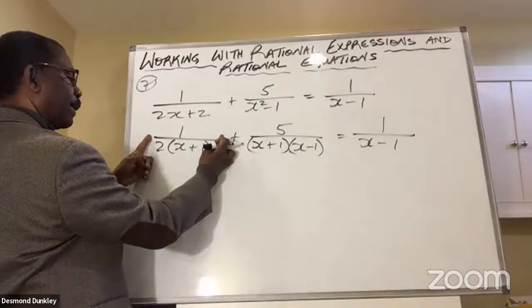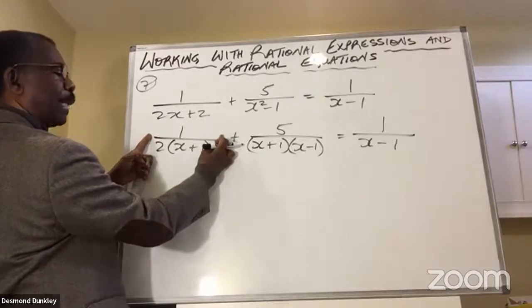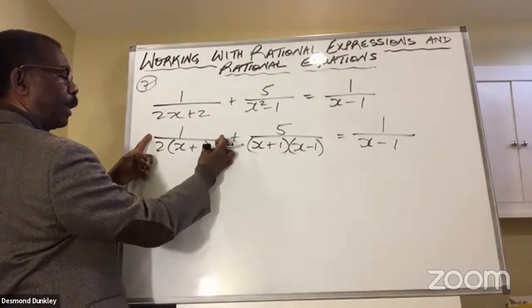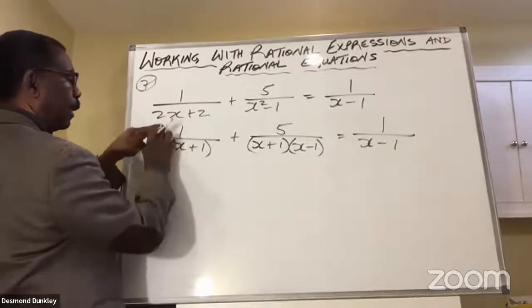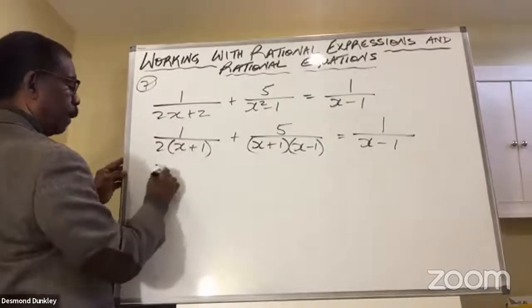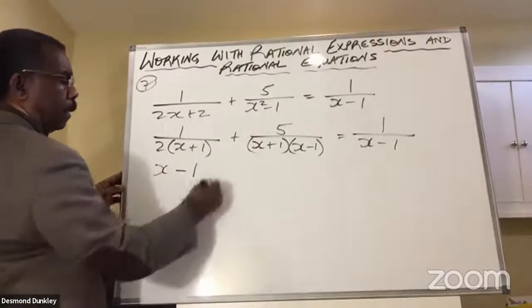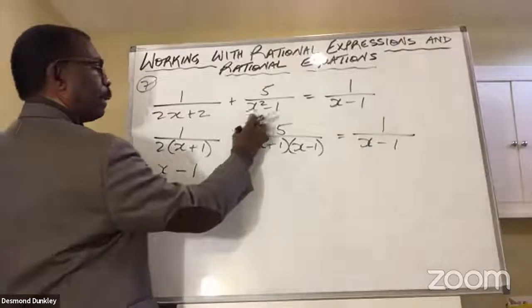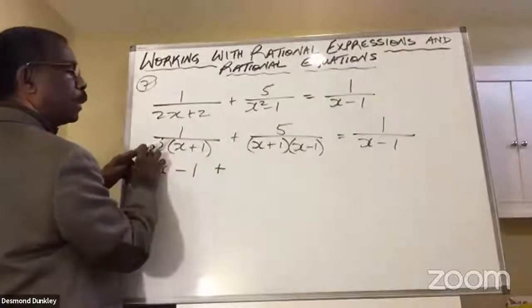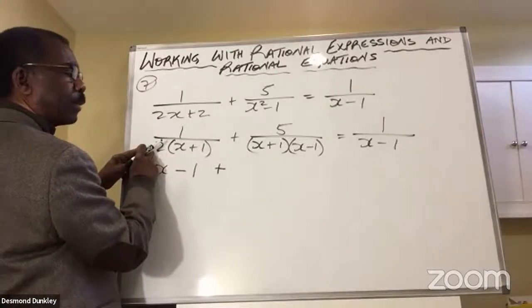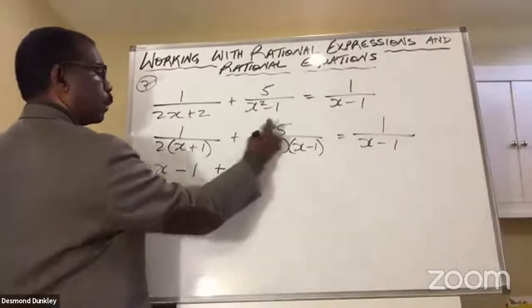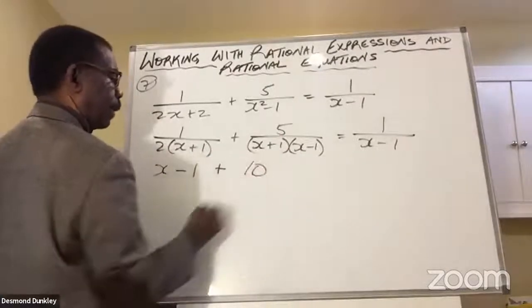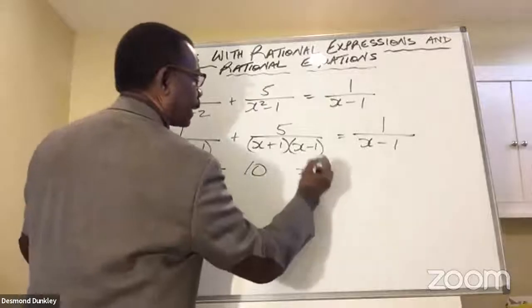So when I multiply this by 2 times x plus 1 times x minus 1, the 2 cancels the 2, the x plus 1 cancels the x plus 1, and we're left with x minus 1. Plus, when I multiply this by 2 times x plus 1 times x minus 1, these cancel, and we're left with just a 2. 2 times 5 is 10. We go over to the right side.